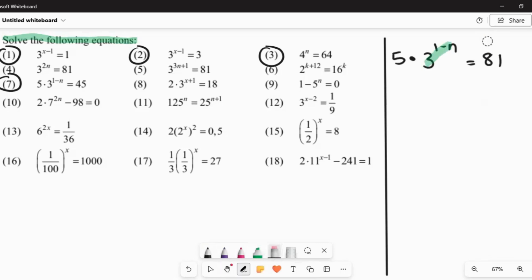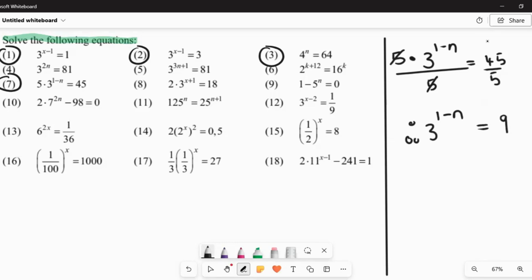In this case, because the 5 is multiplied, we're going to divide both sides by 5 first, so that we can cancel that 5. Or in fact, it is 45 this side, not 81. So now the 5 is cancelled. Therefore, we're left with 3 with an exponent of 1 minus n is equal to 45 divided by 5, which is going to give us a 9, right?